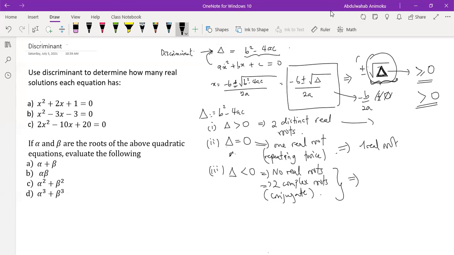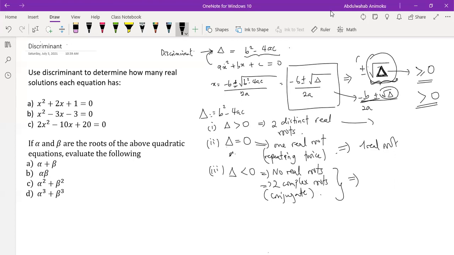And because you now have plus or minus here, so you have plus or minus the square root of this real number, that will allow you to have two different roots, which is two distinct real roots.